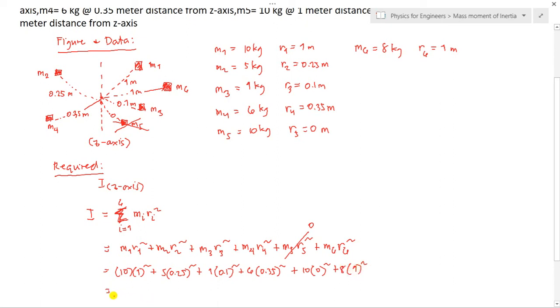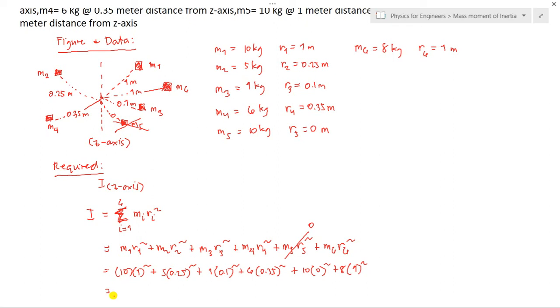Simplifying, we have 10 times 1 is 10, plus 5 times 0.25 squared, plus 0.1 squared, plus 6 times 0.35 squared, plus 10 times 0, which is 0, plus 8.